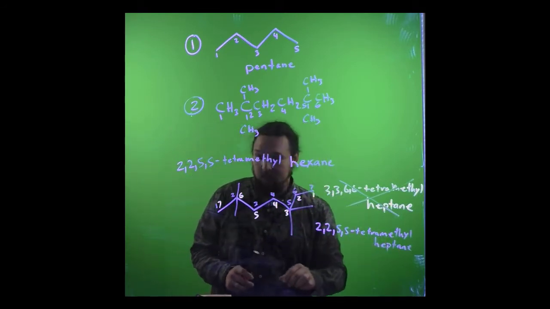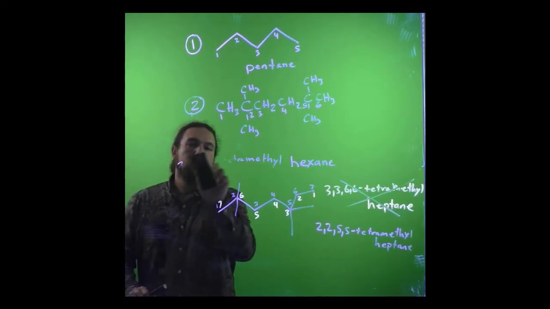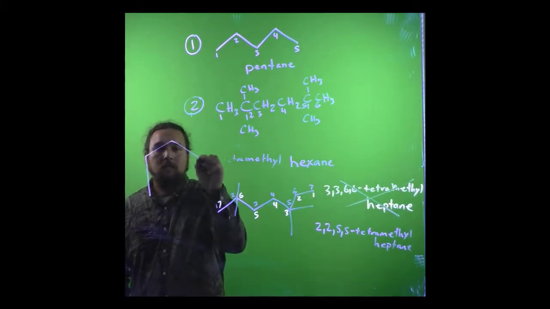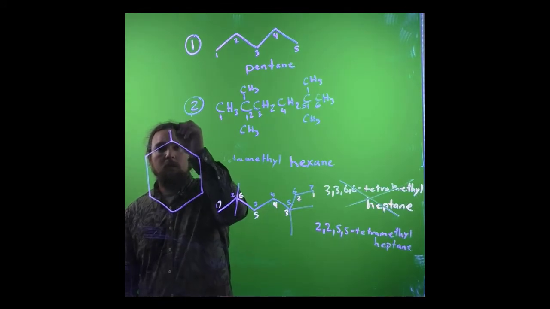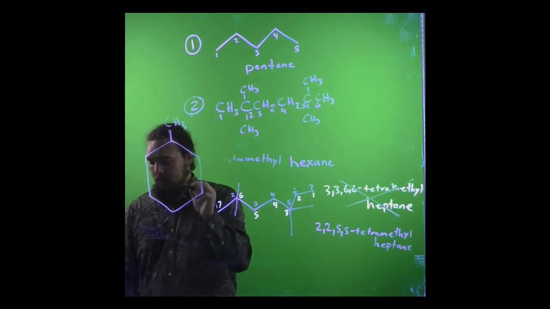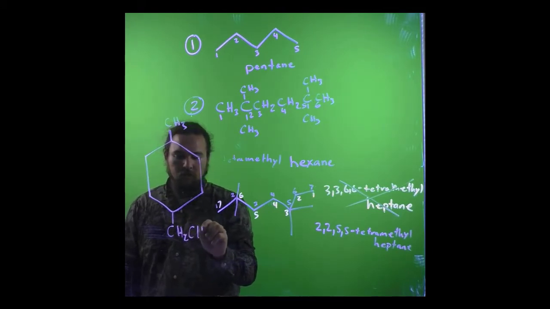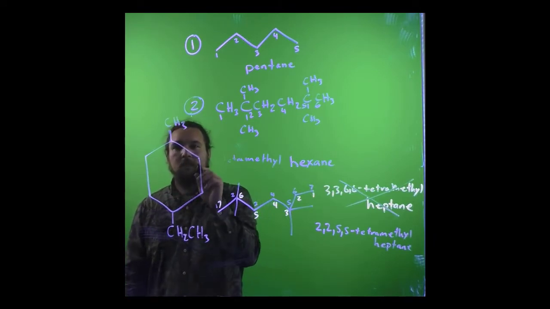Okay, let's continue to use this space on the board. Let's erase a little bit right here. The next one is a 6-membered ring, which has a methyl group coming off up here and an ethyl group coming over here. So in this case, we count the number of carbons in the ring.